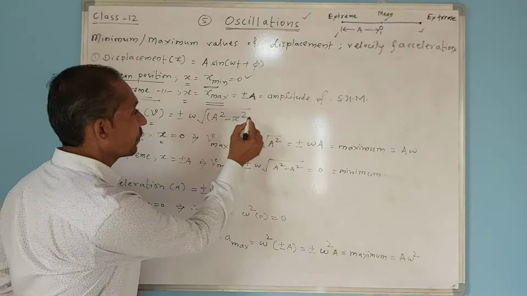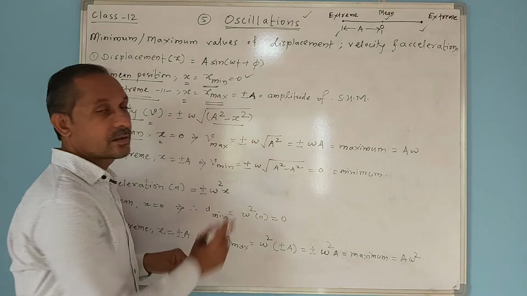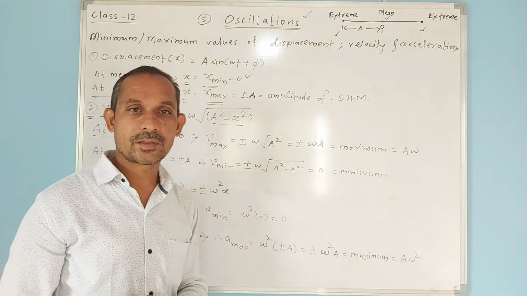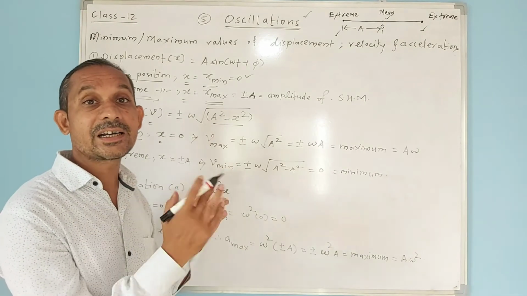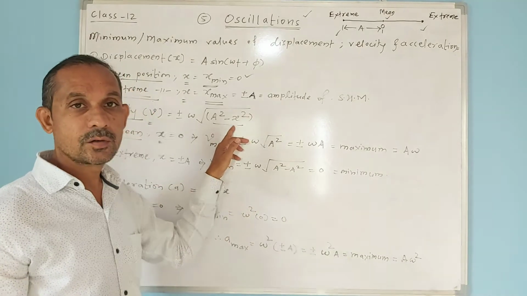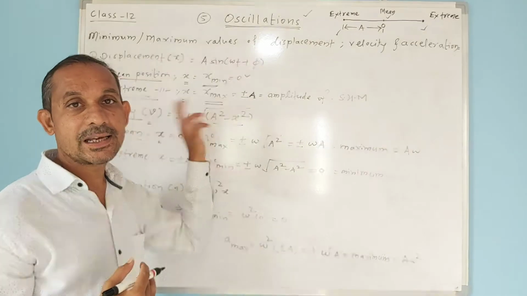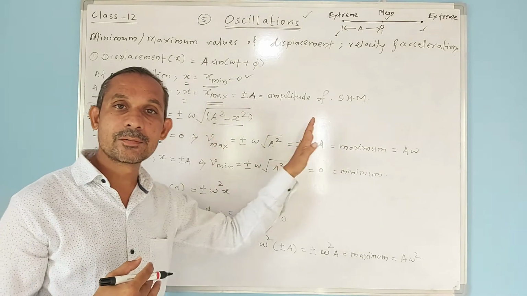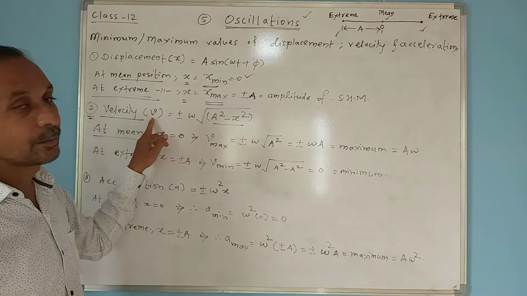So when x is equal to 0, this difference becomes maximum, because we are not subtracting anything. Zero is the number which we are subtracting from a square, so we get the maximum difference, which means maximum velocity.